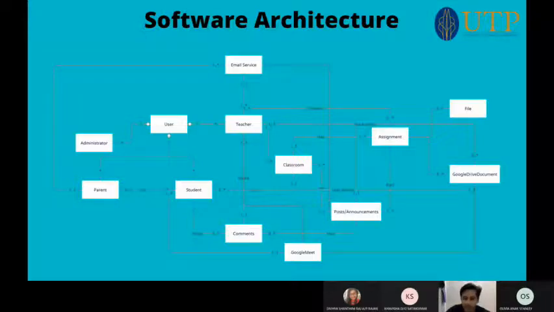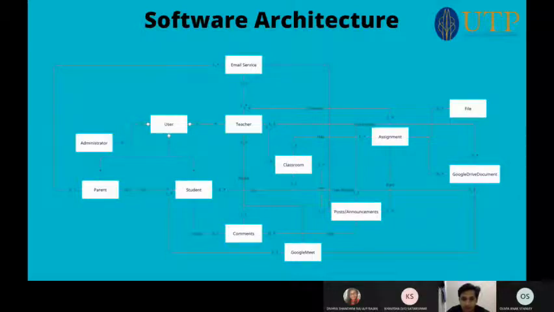As we can see, we have some essential entities, which are the users, which consist of the administrator, parent, student, and teacher. They are separated because they all have different functions that they can perform. This is the main difference between them.